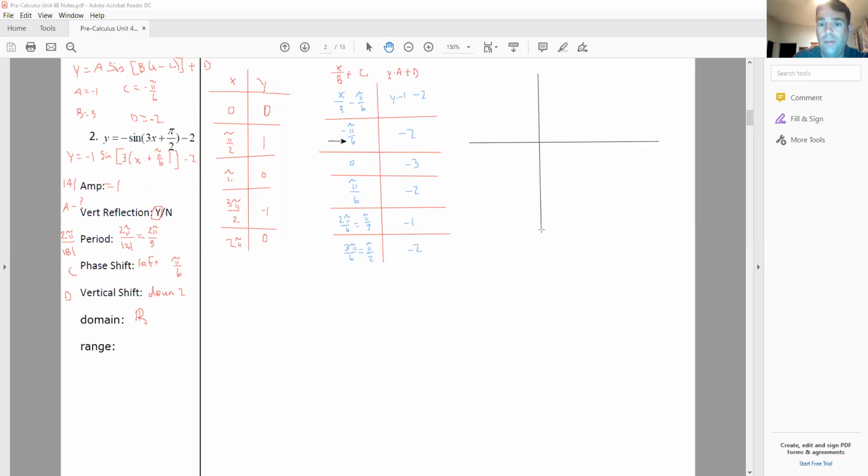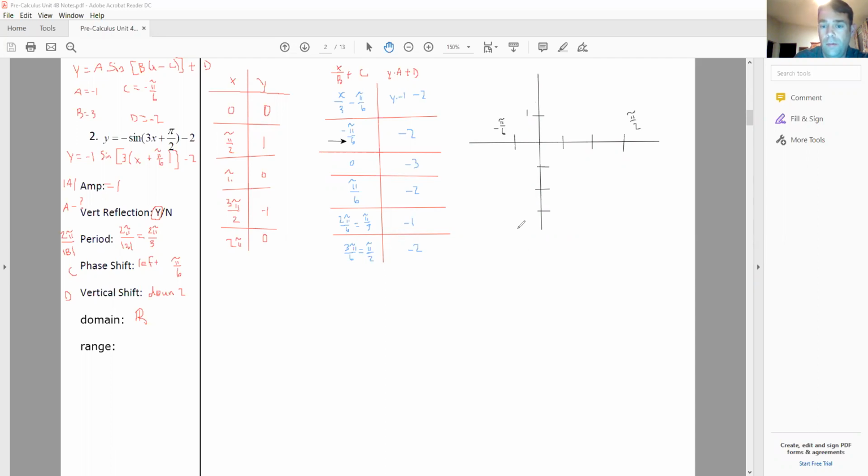So negative pi over 6, 0, 1 pi over 6, 2 pi over 6, and 3 pi over 6. There's 1. And I'm going to go down to -3. So this was negative pi over 6. This was 3 pi over 6, which is pi over 2.